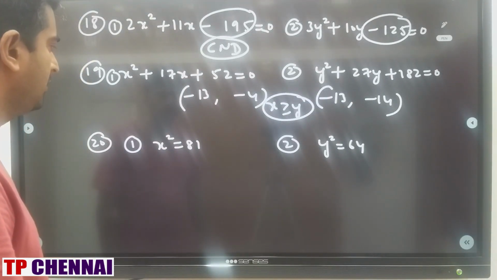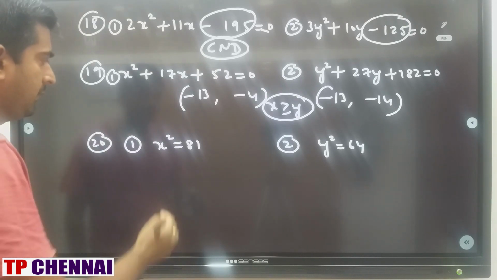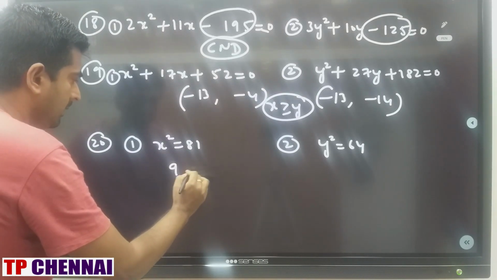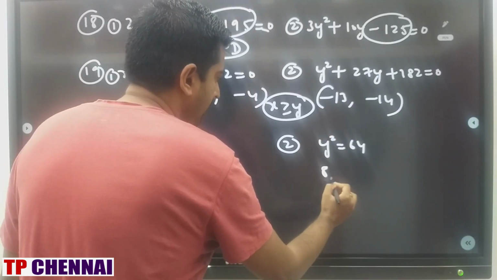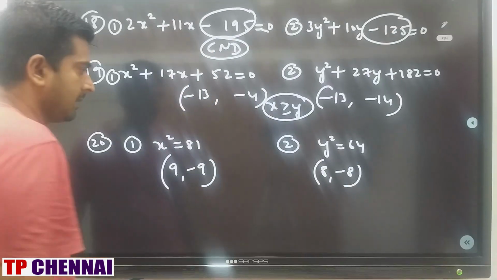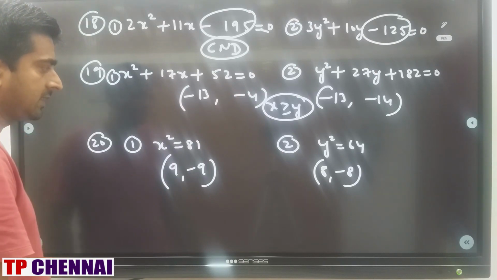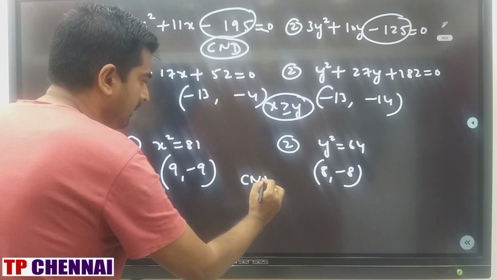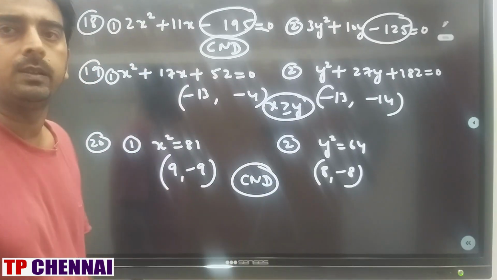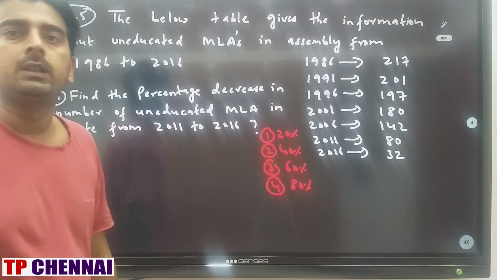Next one: x square is equal to 81, y square is equal to 64. So x will be how much? 9 and minus 9. This is 8 and minus 8. Compare, x greater, y greater. So what is the answer? C and D. My answer is C and D. So I hope you are clear with the quadratic questions.